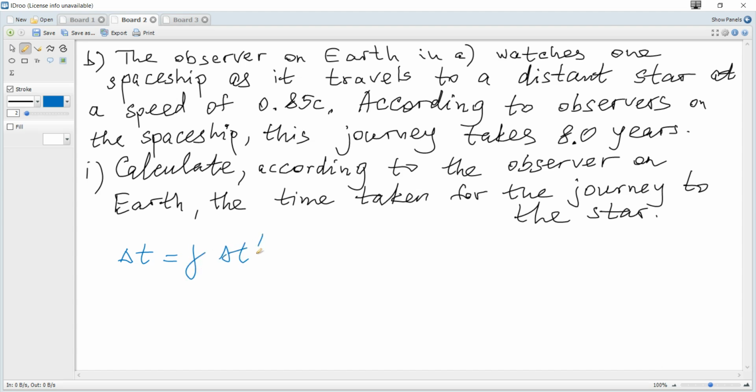Gamma delta t primed, where delta t primed is this value, and gamma is a factor which is 1 over root 1 minus v squared over c squared.